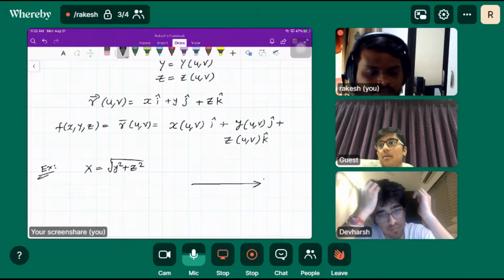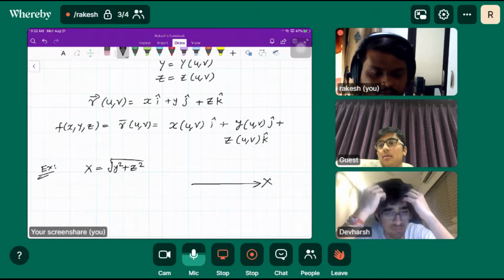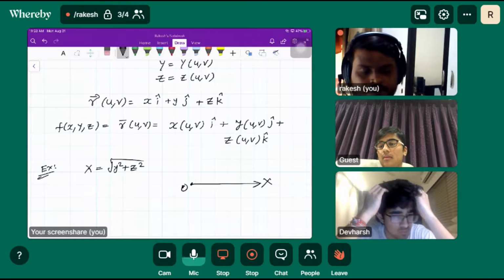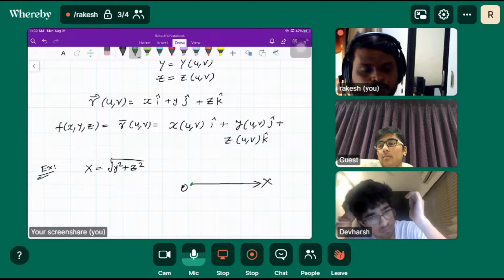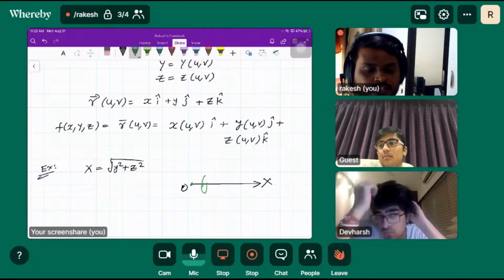Suppose this is the x-axis. If you put x is equal to 0, that's the point. Now if you put x is equal to 2, that's a circle like this.